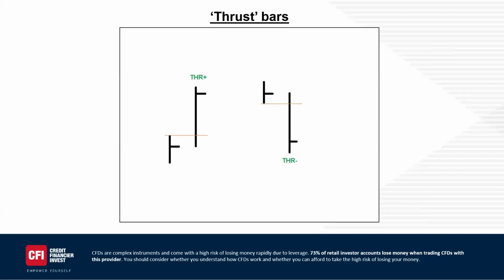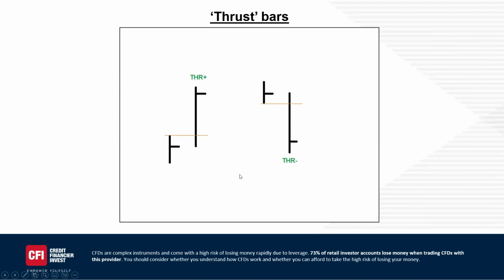So before we move on, just a bit of a graphical representation of the thrust bar. So this is a bullish thrust bar. So these are two bars. They can be daily bars, they can be weekly bars, they can be 5-minute bars, doesn't matter. Any segment of time can be measured using bar charts.